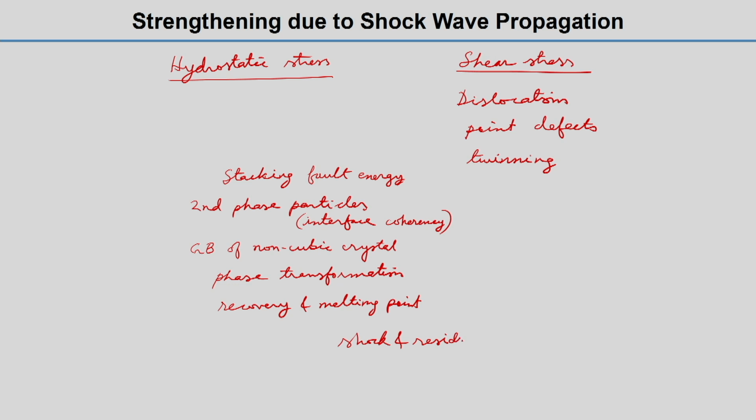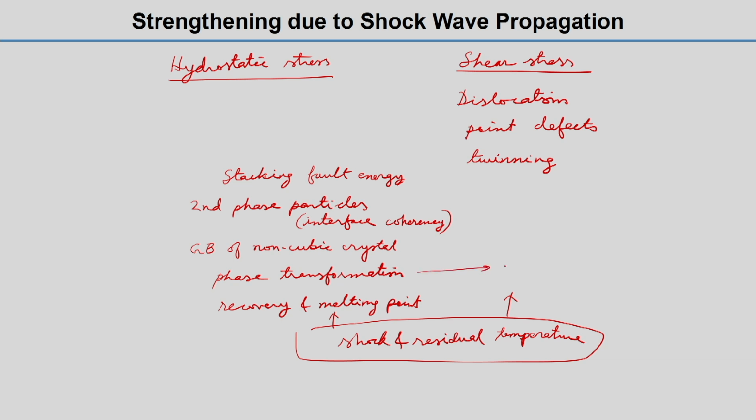And then shock and residual temperature related to shock are affected by both of them, both shear stress and hydrostatic stress. And also some phase transformation can be influenced by shear stress; not all the transformations are hydrostatic stress, but mostly it is hydrostatic.